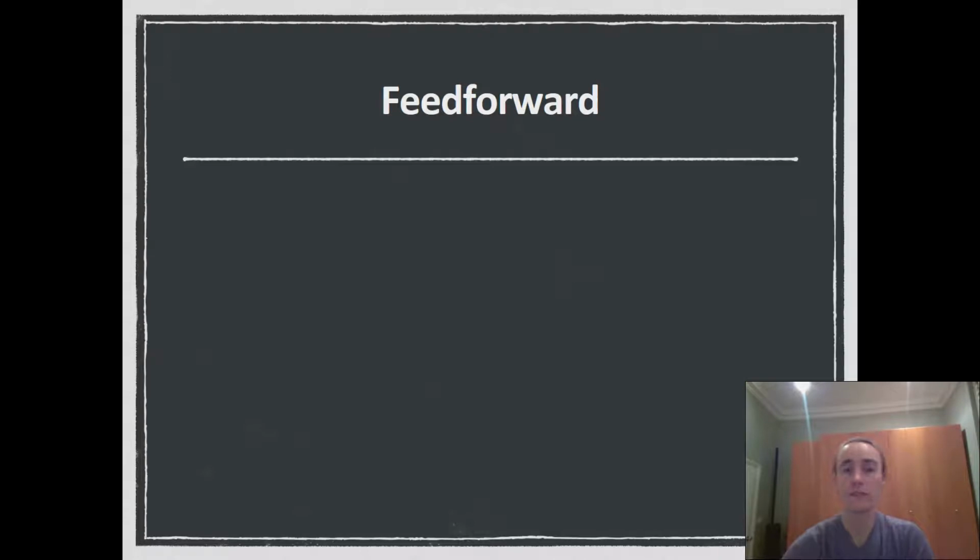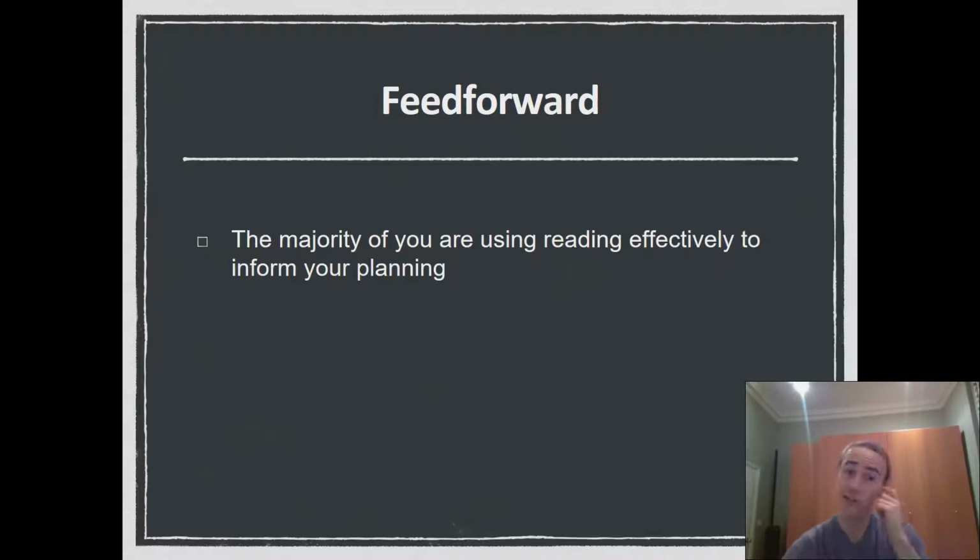So feeding forward, some ideas for taking this skill of using reading and improving it. I'd say that the majority of you are using reading particularly effectively to inform your planning.